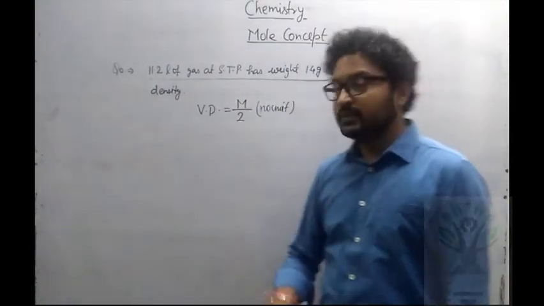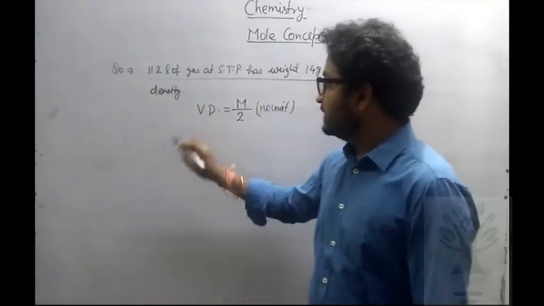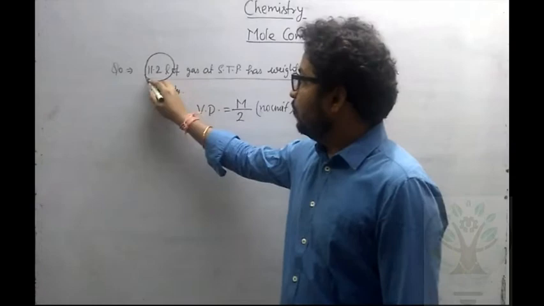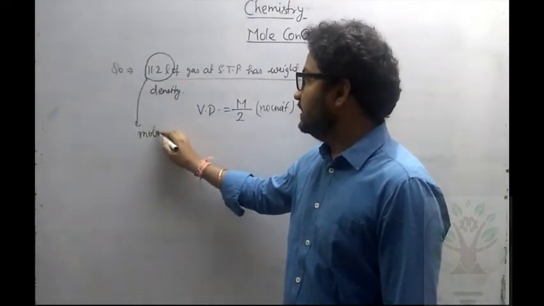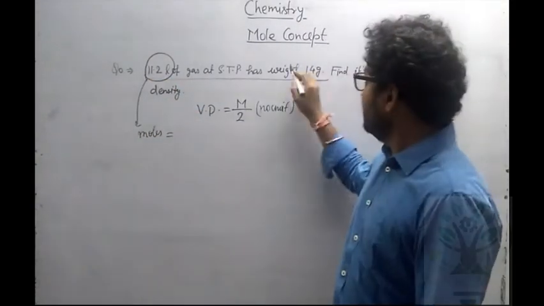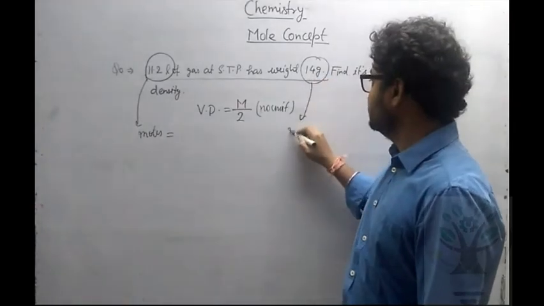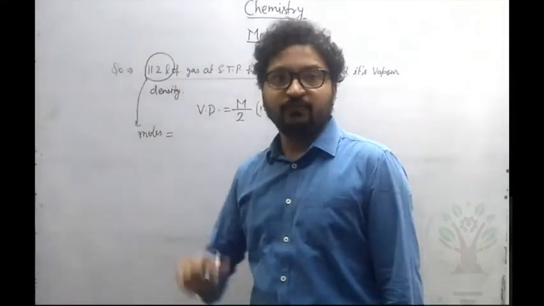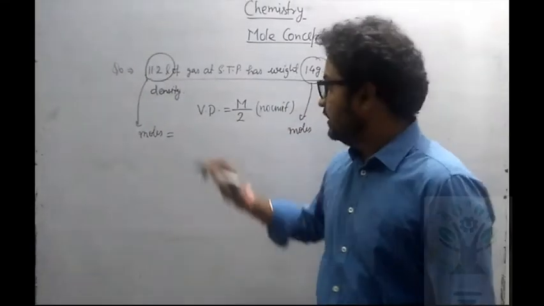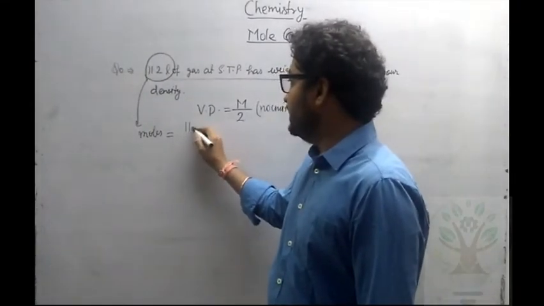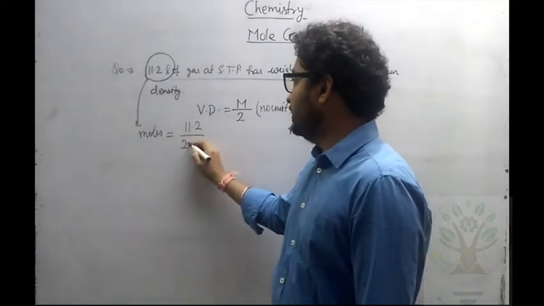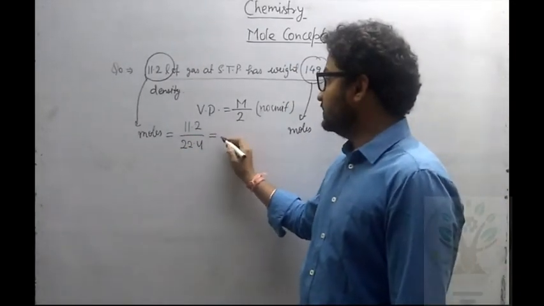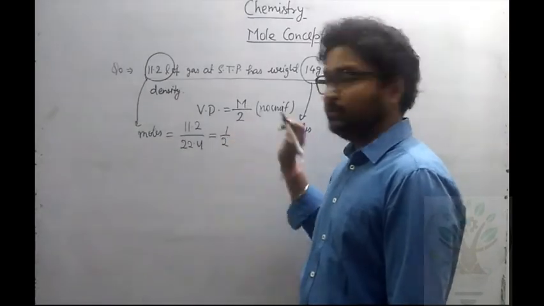How will we do this? Whatever moles are present in 11.2 liter, the same moles will be in 14 gram. So let's find the moles of gas in 11.2 liter. We will have 11.2 divided by 22.4, the formula for moles, and it is coming as 1 by 2.